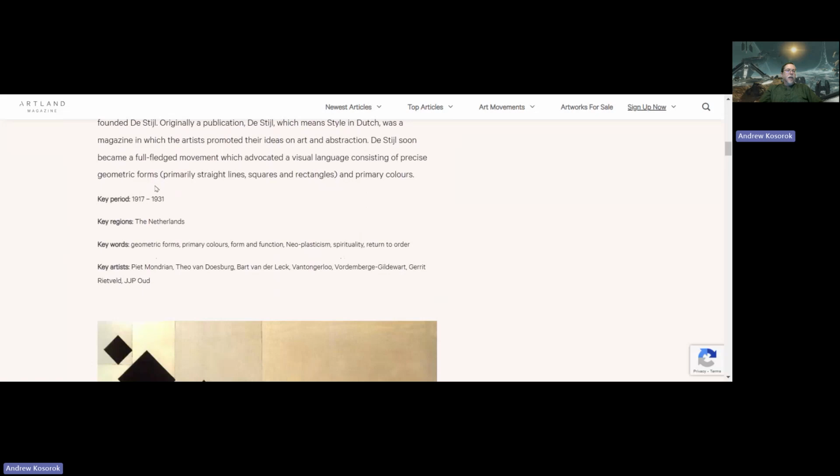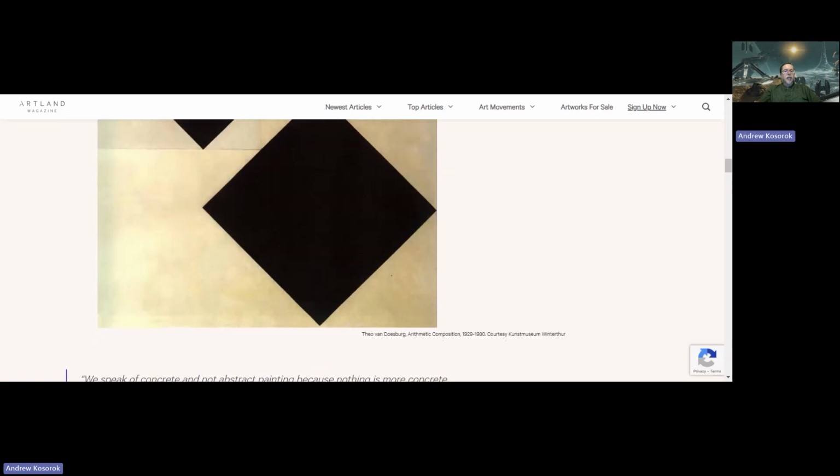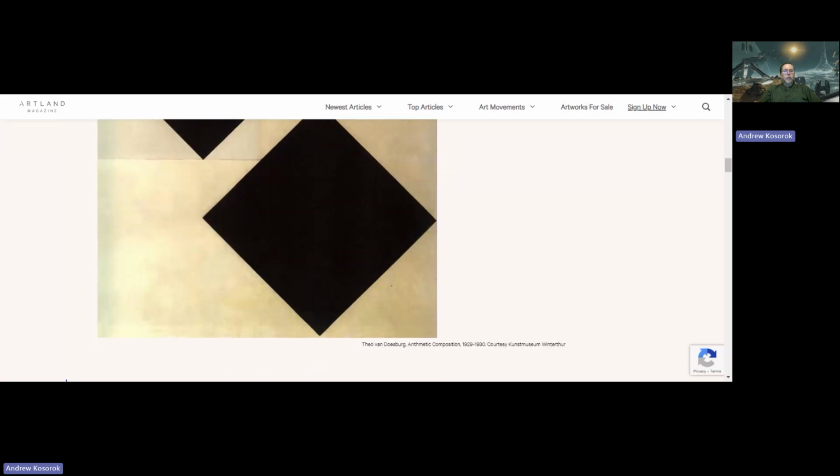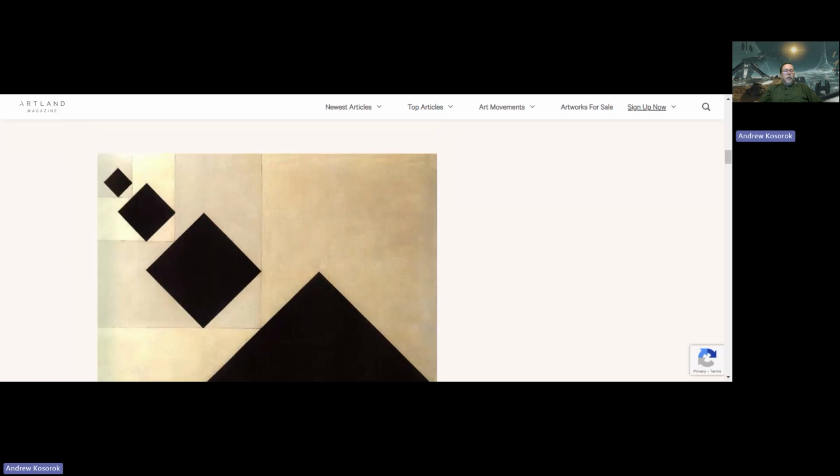And notice that they were very parallel with the Bauhaus. Bauhaus ended in 1933 officially, and Piet Mondrian and De Stijl, that movement ended officially in 1931. So right as Nazis were getting into power. And this is a really good example of De Stijl style painting, where it's pure geometry.